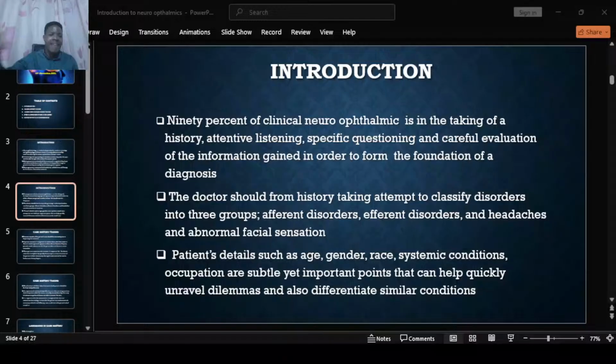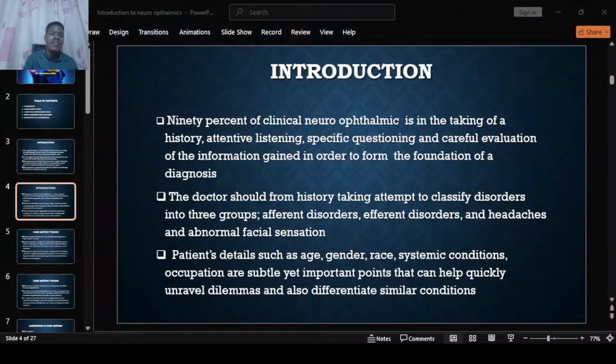So we want to be able to isolate the case we are seeing. Is it an afferent disorder? Is it an efferent disorder? Or is it a headache issue? And headache is a whole ball game on its own, according to the Headache Society. So we must be able to identify these pathologies into these three groups.